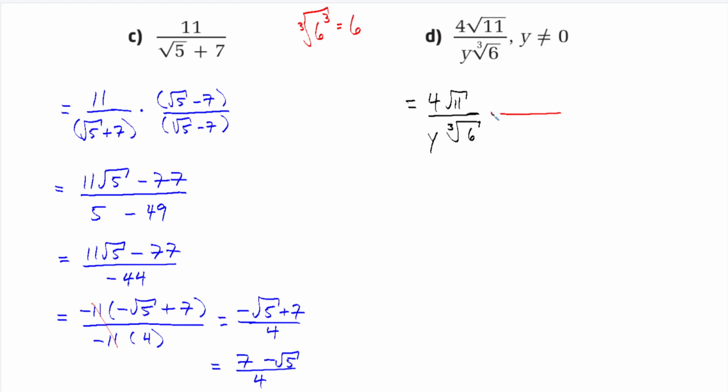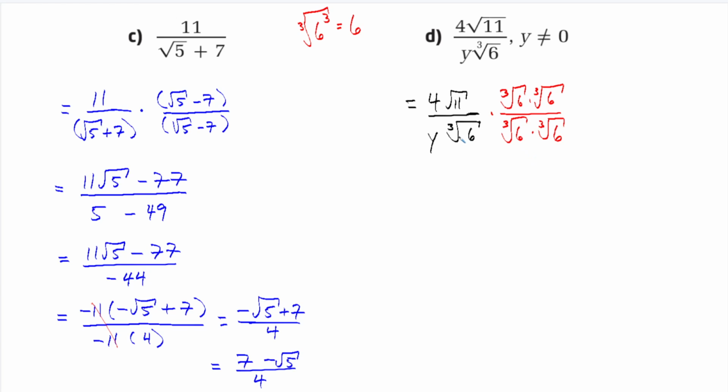Okay, so our thing we're going to multiply by is going to be the cube root of 6, not the 6th root of 6. The cube root of 6 times the cube root of 6. And then on the bottom, cube root of 6 times the cube root of 6.